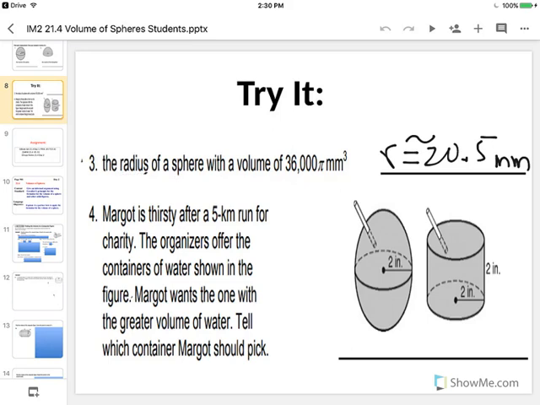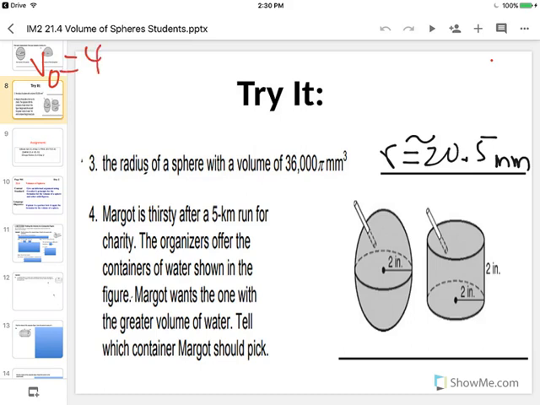Let me change it into red. For number 4, it says Margaret is thirsty after a 5K run for charity. The organizer offered the containers of water shown in the figure. Margaret wants the one with the greatest volume of water. Tell which container Margaret should pick. First let's find the volume of the sphere.